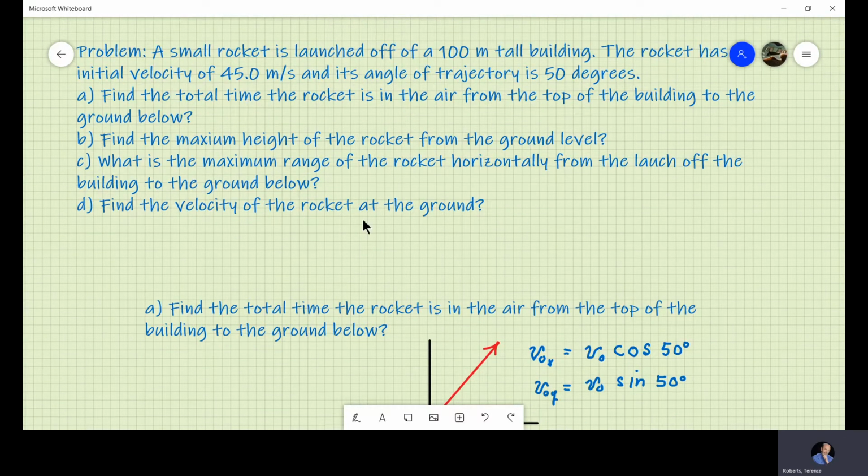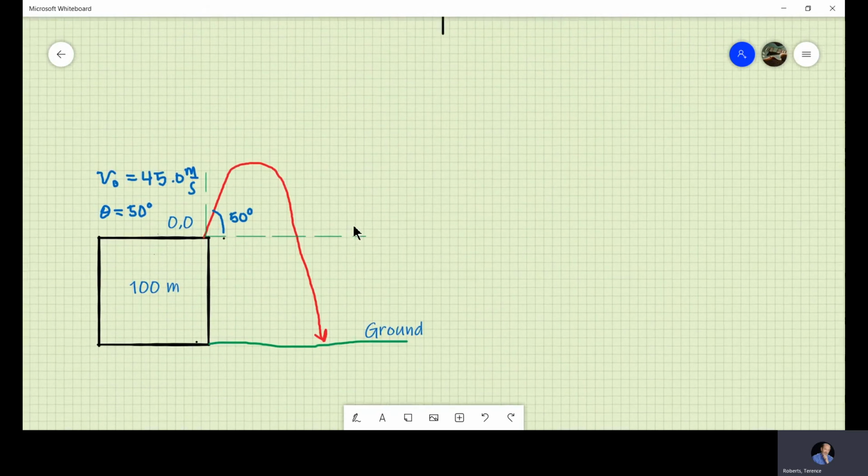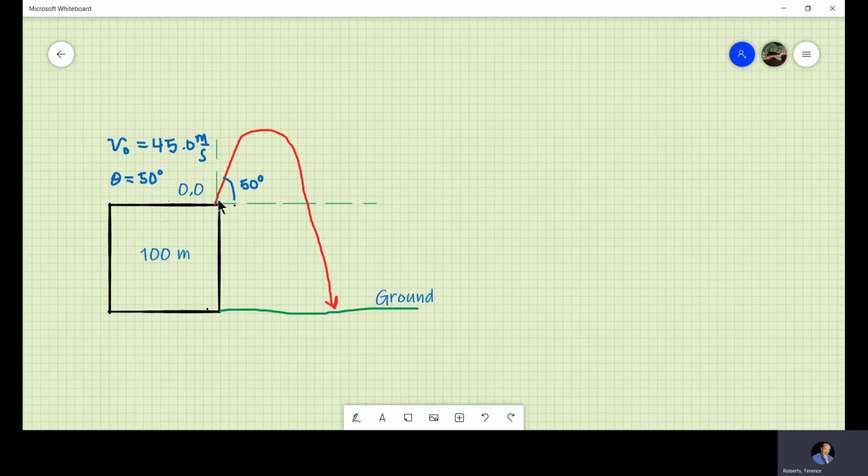So the scenario we have is this right here, where we shoot a rocket off the building and it lands on the ground somewhere down here, and we have our initial velocity and our angle.